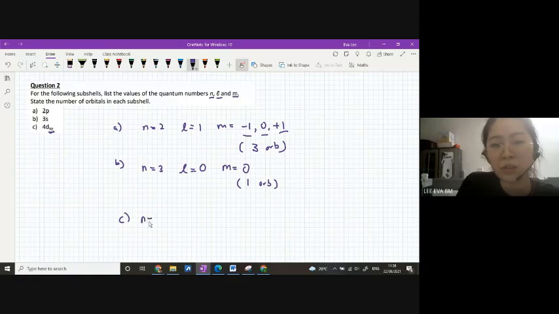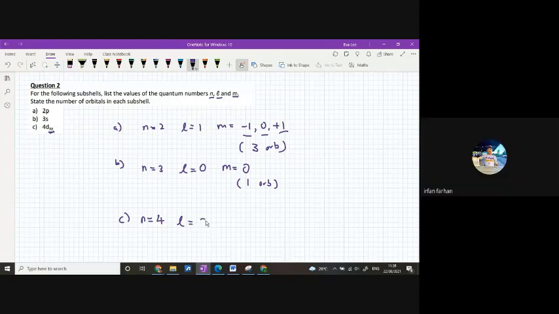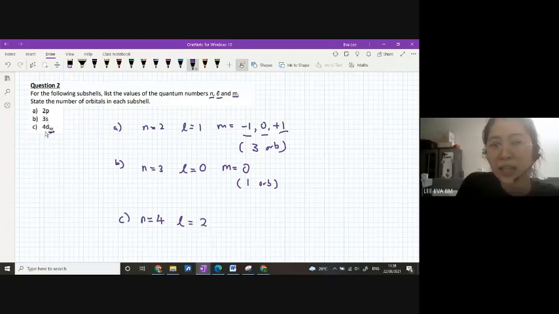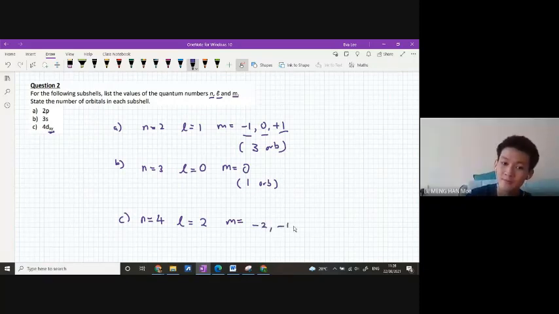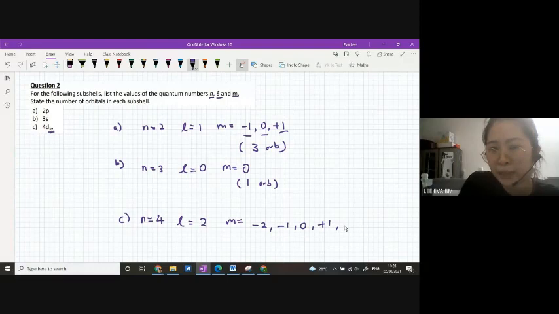Okay, so now look at our C, 4dxy. Value of 4 is our energy level. How about our L? 2. Okay, so kalau kita tengok M yang possible ikut L sama dengan 2, ada berapa nombor? 5. Okay, so madam list out semua ni.